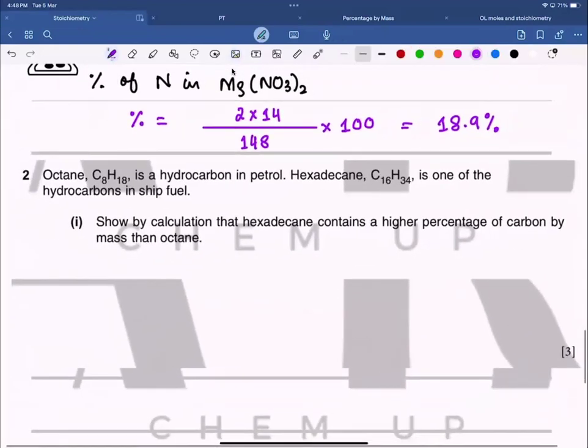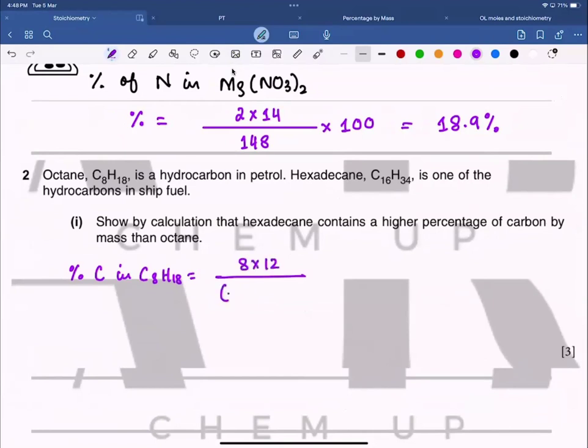Okay, so percentage of carbon in C8H18 is equal to 8 carbons times 12 in the numerator, and in the denominator 8 times 12 plus 18, because we have to calculate the MR, and times it 100.